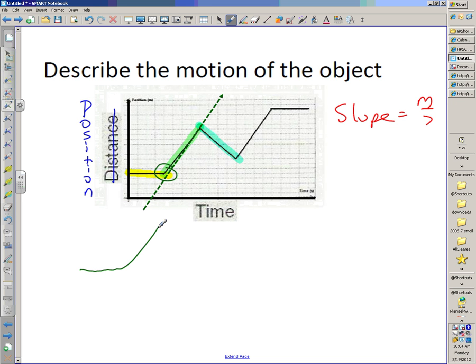It might change quickly, but it should be more of a curve. So that point is technically speeding up. At this point here, that would be where the velocity changed. But in this picture it's a real sharp corner. In real life, it would be more curved, like this one.